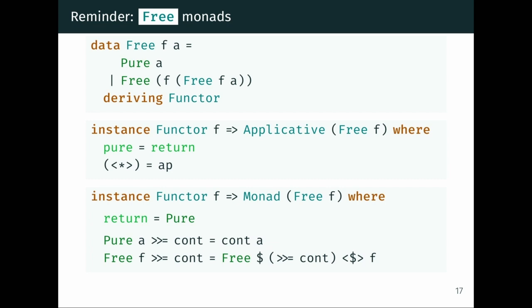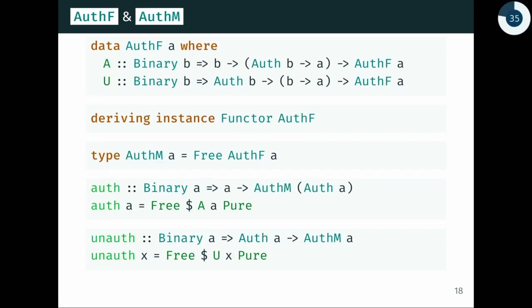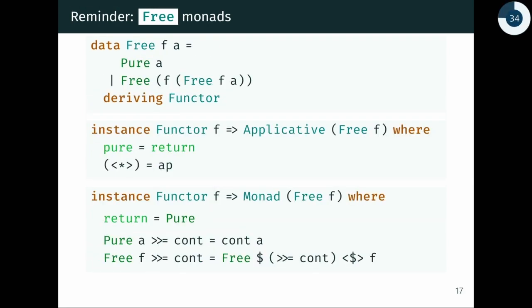So let's see, before we see free monads, I promised that this talk is also a demonstration of free monads. So, briefly recap, this is the definition from the free library. It's parameterized over a type constructor f, which in practice is always a functor. And Pure basically corresponds to return.